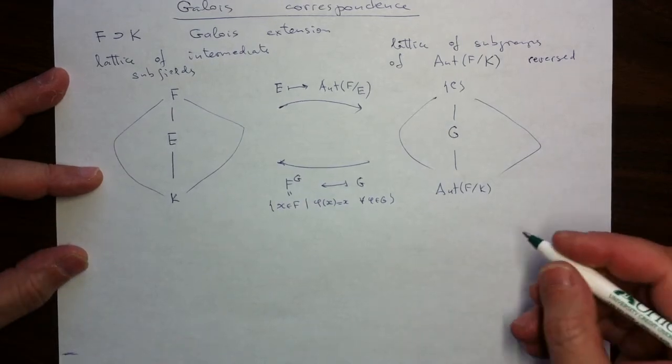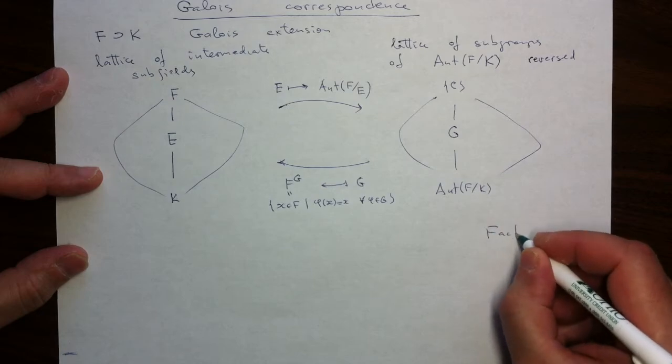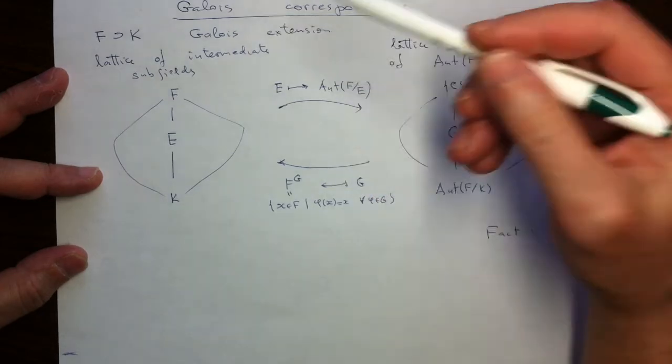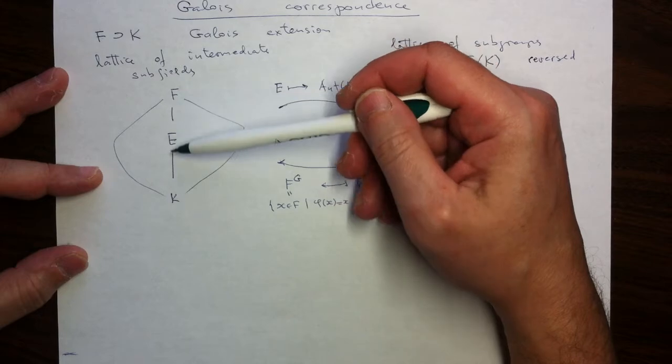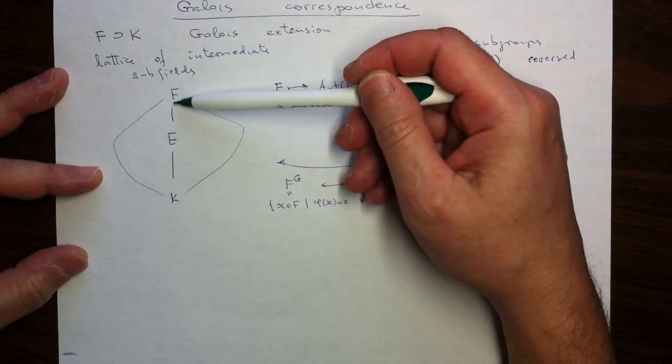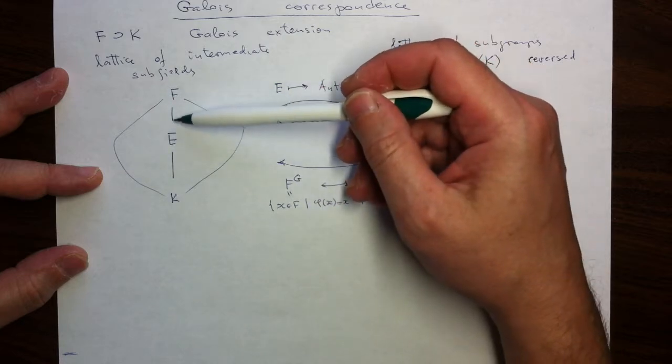The key facts which I'm going to use, just two key facts, can be neatly summarized as follows. So in this lattice I have something else, not just the picture, but some numerical information.